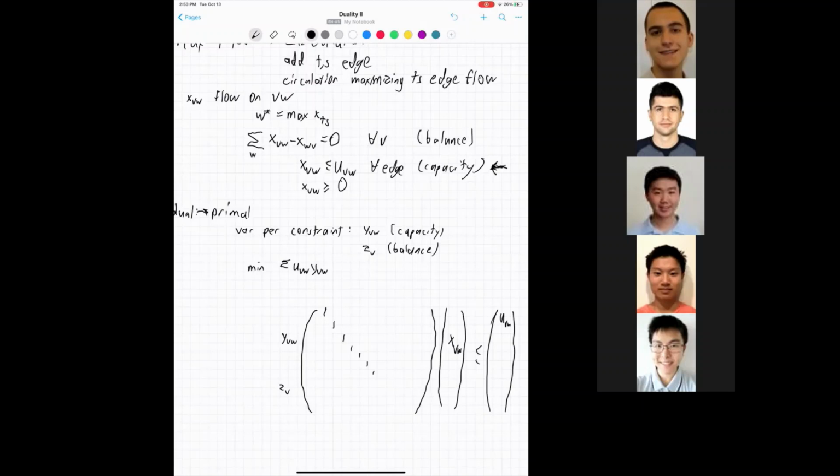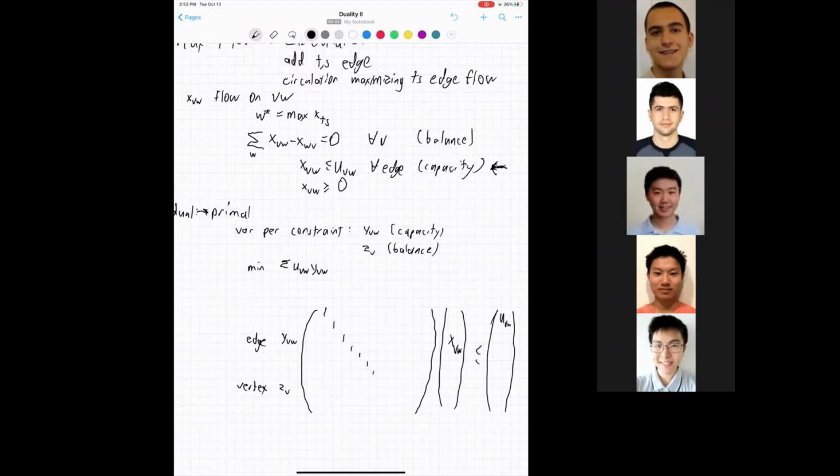So if we're looking at node V, for each node that has an edge going to V, we're going to have a 1 at that row. Yep. And for each node that has an edge from V, we're going to see a -1.